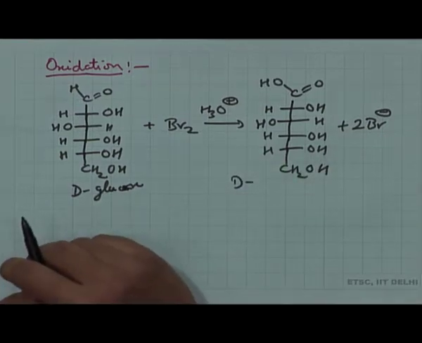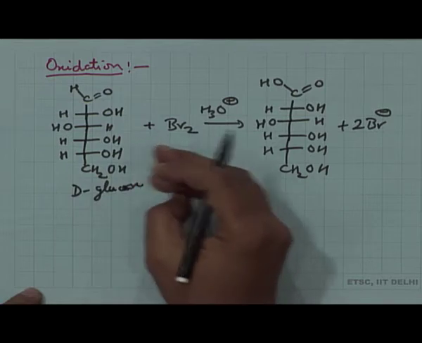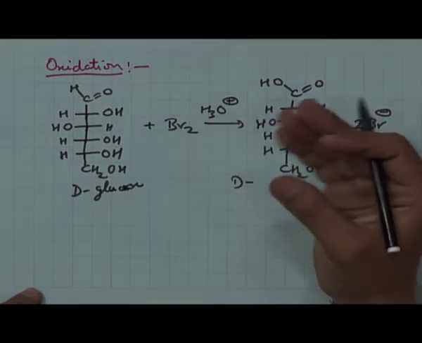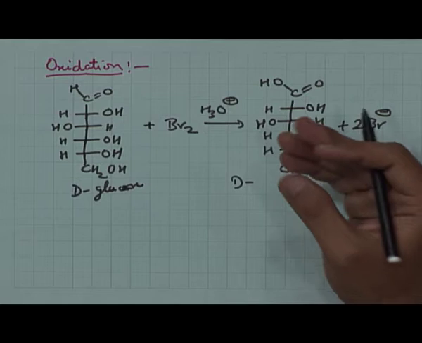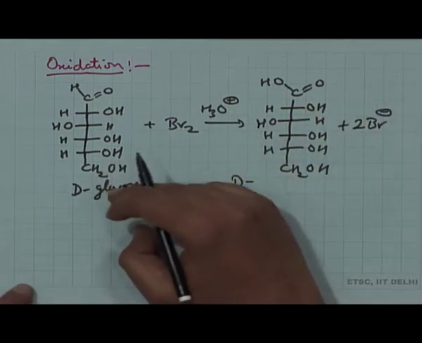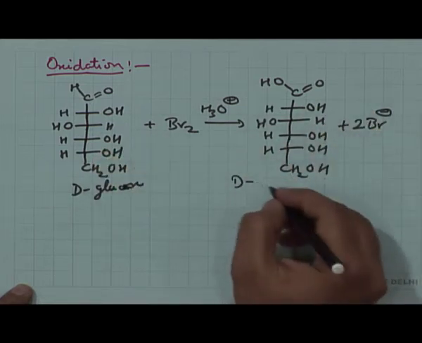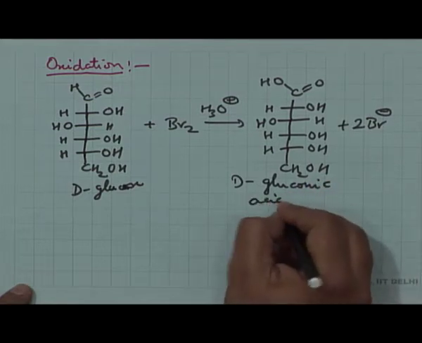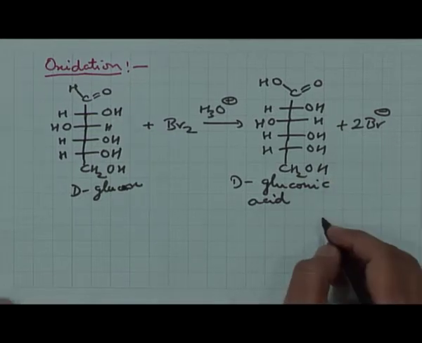So, how can we figure out that the oxidation reaction has been completed? If we take D-glucose and treat it with bromine water, which is basically reddish brown in color because of bromine, after the reaction the aldehyde group will get converted to acid, it will form D-gluconic acid, and it will generate bromide ion.